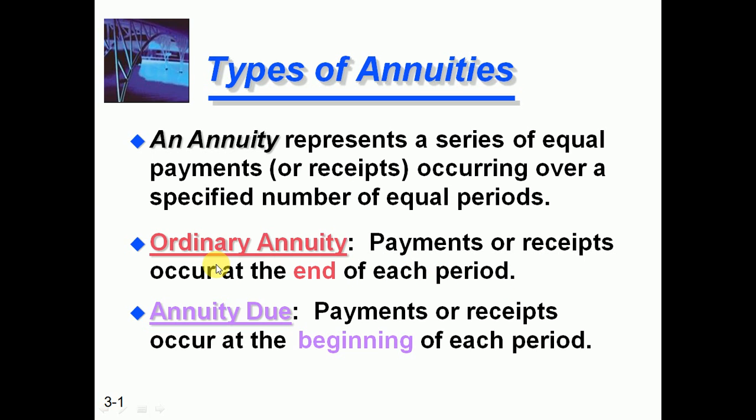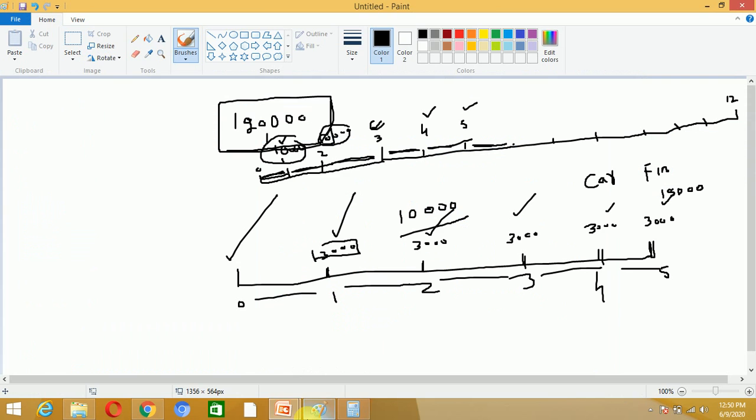Means if there is a receipt or payment, it occurs at the end of each period. Just like in our example, we are making payment after the end of the first year. This year is going to finish here, so we are making payment here. The second year finishes, so we are making payment here. So we are making payment at the end of each period.